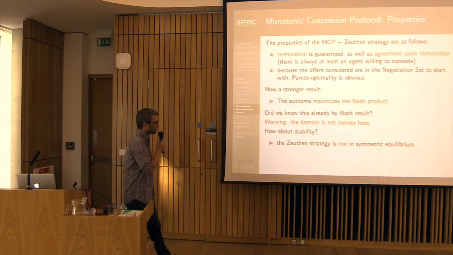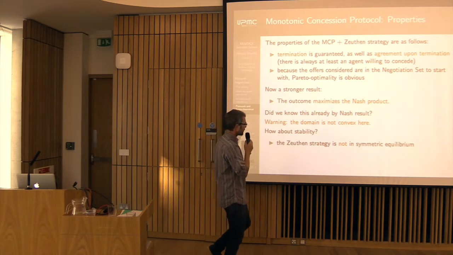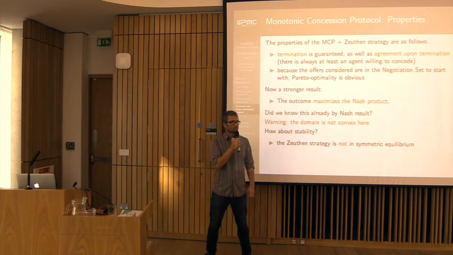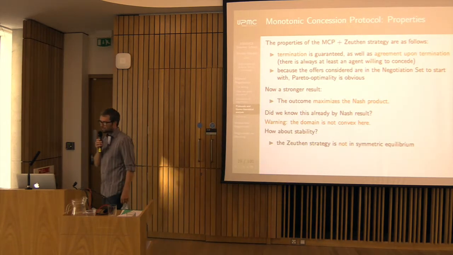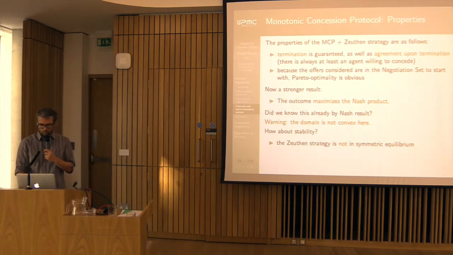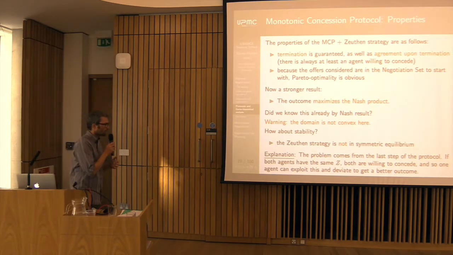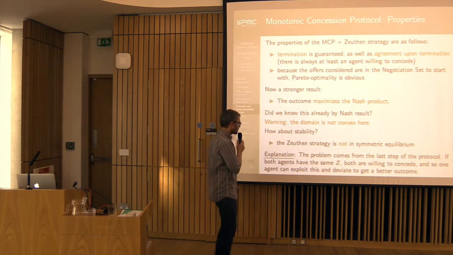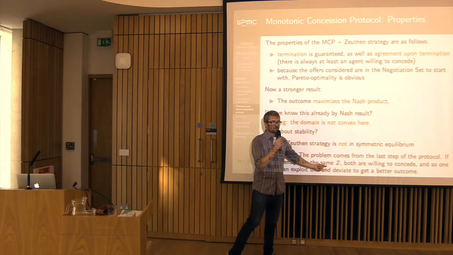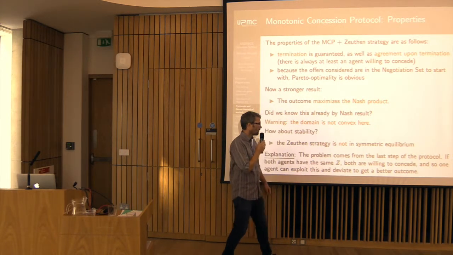And how about stability? In fact, the strategy is not in symmetric equilibrium. Why? Because there is a little glitch in the last step of this protocol. It could be the case that in the last step you have the same value for the willingness to risk conflict.